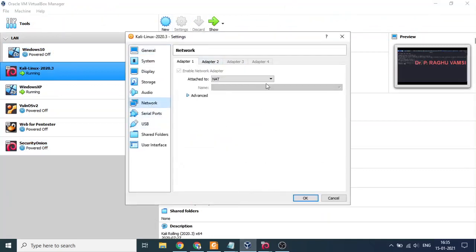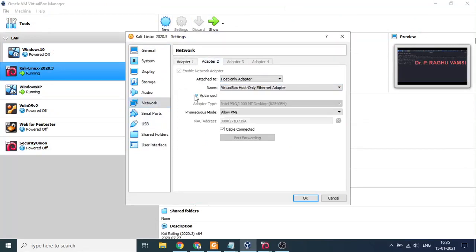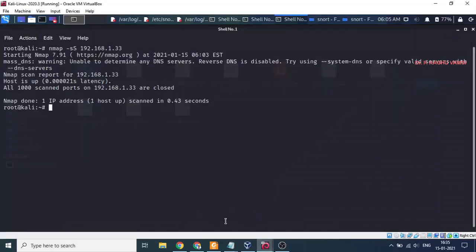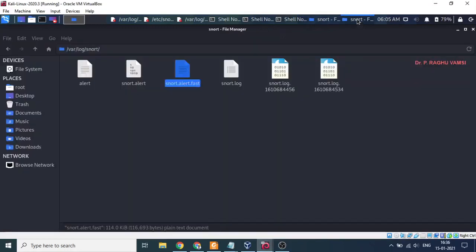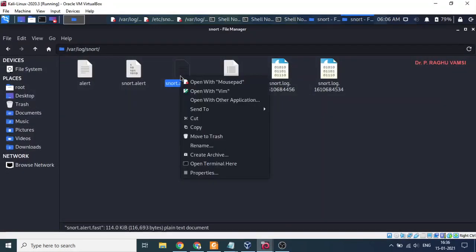In the promiscuous mode, we allowed all the virtual machines to be in promiscuous mode, and so they can listen to any other host-only network adapter. So this is the way we have scanned and we got the logs recorded in this.